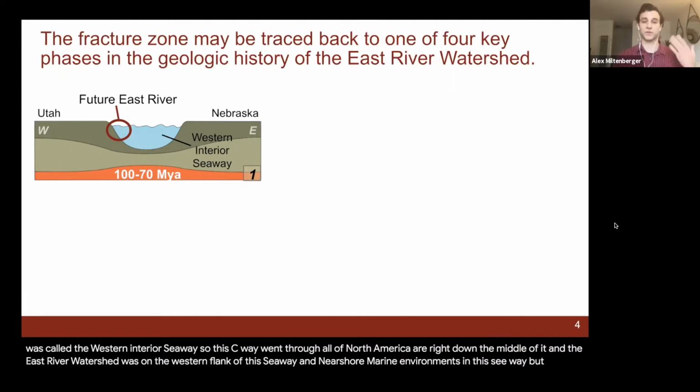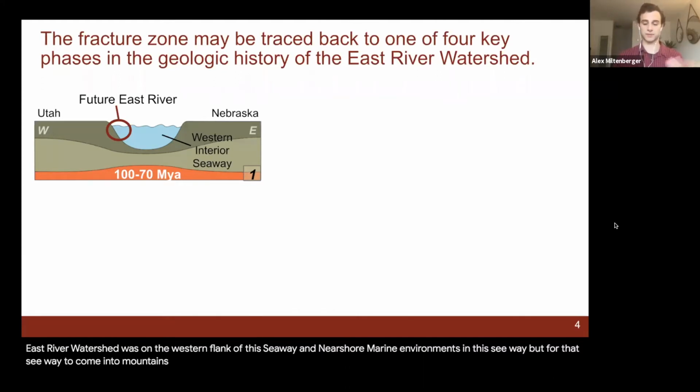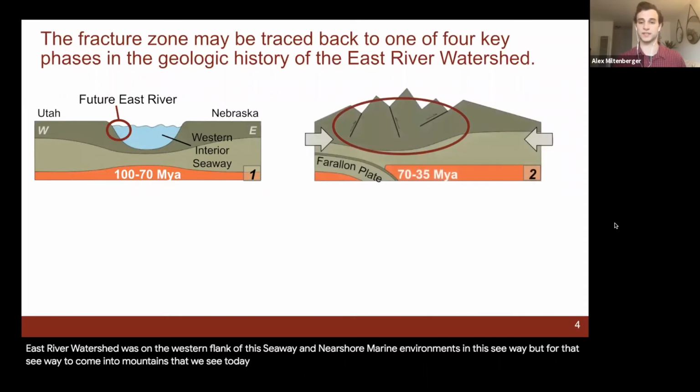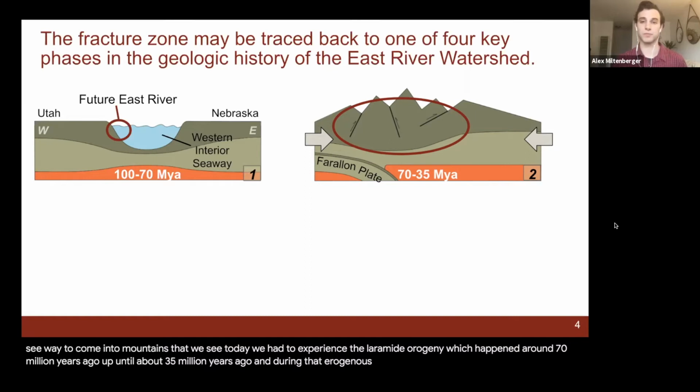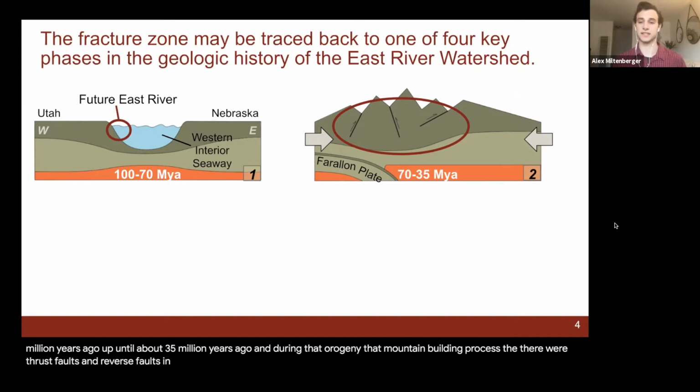But for that seaway to become the mountains that we see today, we had to experience the Laramide orogeny, which happened around 70 million years ago up until about 35 million years ago. And during that orogeny, that mountain building process, there were thrust faults and reverse faults in the East River watershed and around the region that were formed in response to compressional stresses from the orogeny.